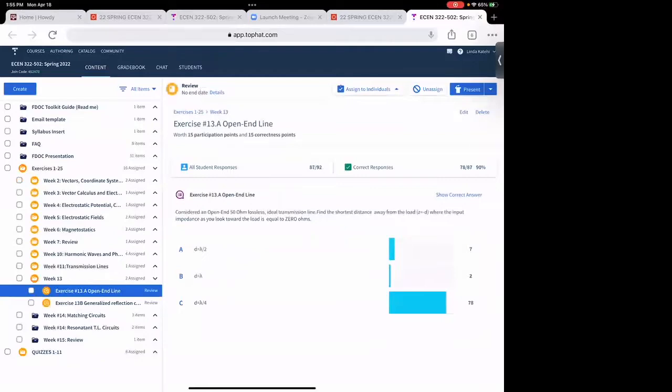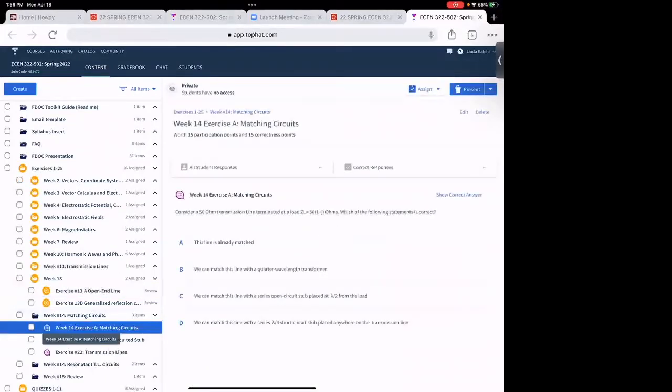Then we are going to week 14 and look at the matching circuits. It says the following: on the basis of the equations we've seen and what we've discussed, you have a 50 ohm transmission line that is terminated in a load. The load has a real part, 50 ohms, and an imaginary part, j50 ohms. Which of the following statements is correct? The line is already matched. We can match this line with a quarter wavelength transformer, which you remember from last week.